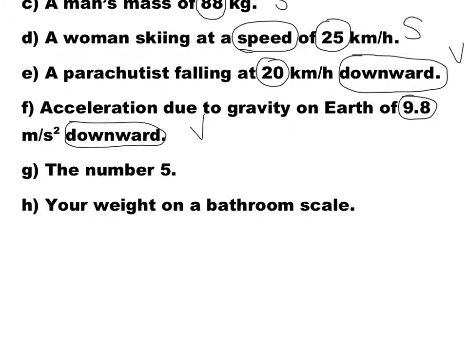The next one says number 5. We do have the magnitude but no direction, so this is a scalar. And the last one, your weight on a bathroom scale. Weight is a vector. It's your mass and the direction, which is toward downward. So this is a vector.